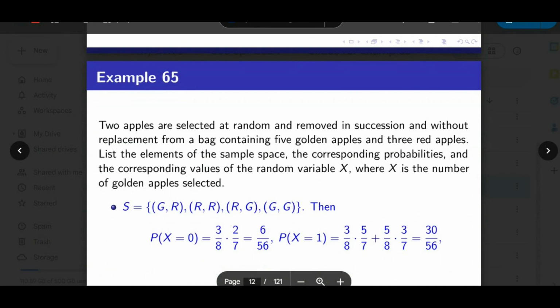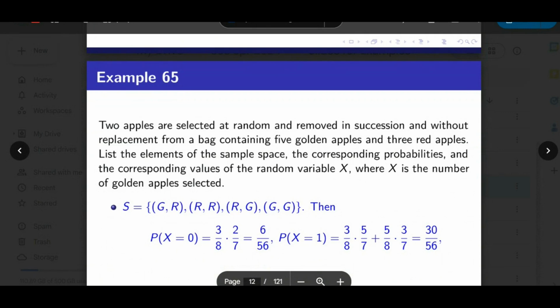So, what is the probability that you didn't pick any that were golden at all? I hope it's obvious. There are three red. So there's a chance that the first one you take out is red is 3 out of 3. But because you don't put things back, the next one has 2 out of 7. I hope that's intuitive to you why these 2 are like that.